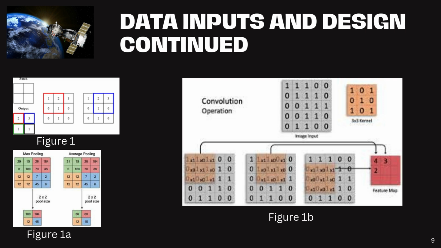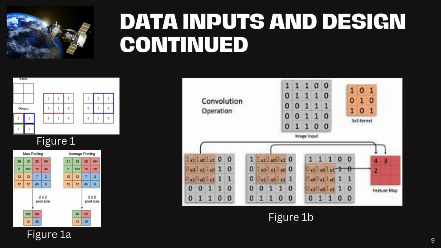So here are the figures. This is the convolution, how it works. Based on the figure, it shows that you have some inputs in the graph, and the output is the feature map that shows in red, if you can see that.